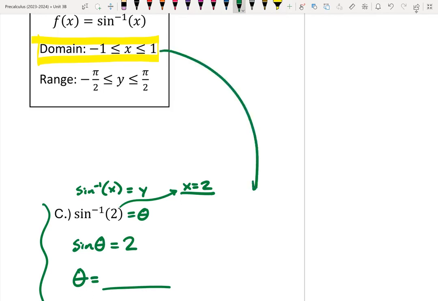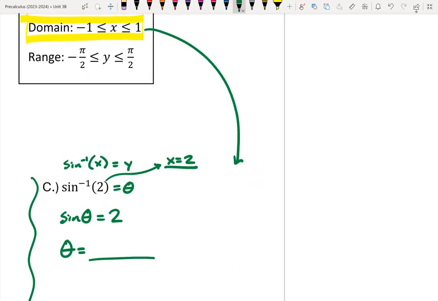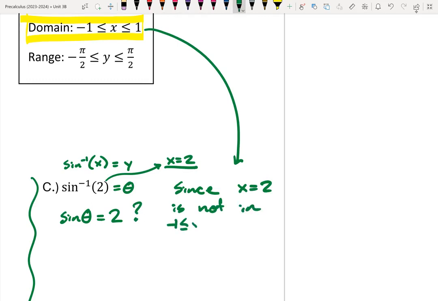So because of this, we can say since x equals 2 is not in -1 is less than or equal to x is less than or equal to 1, then there is no solution.